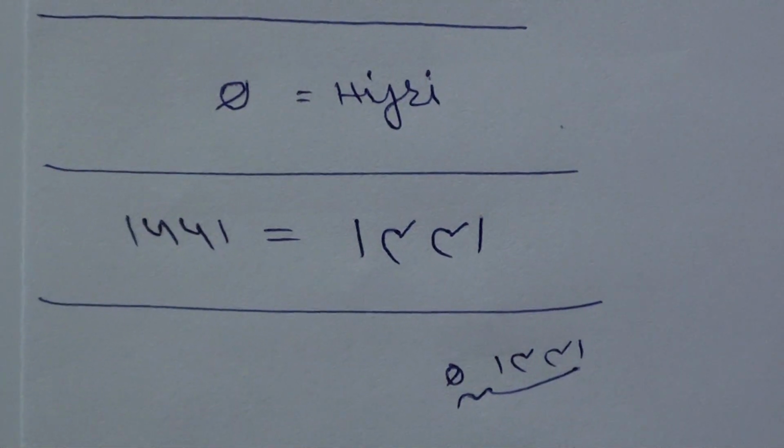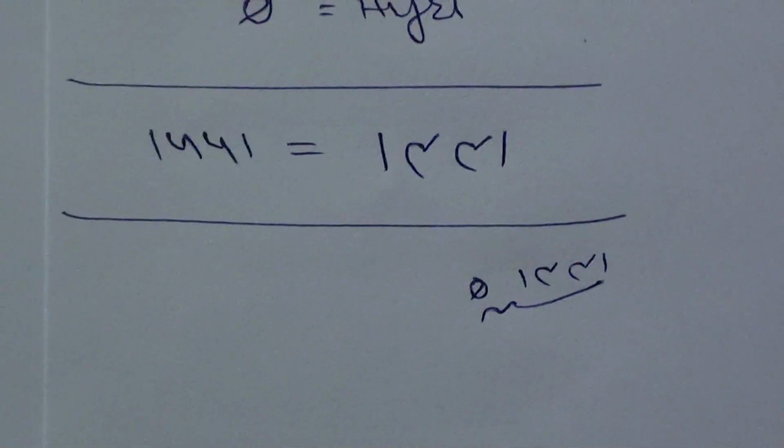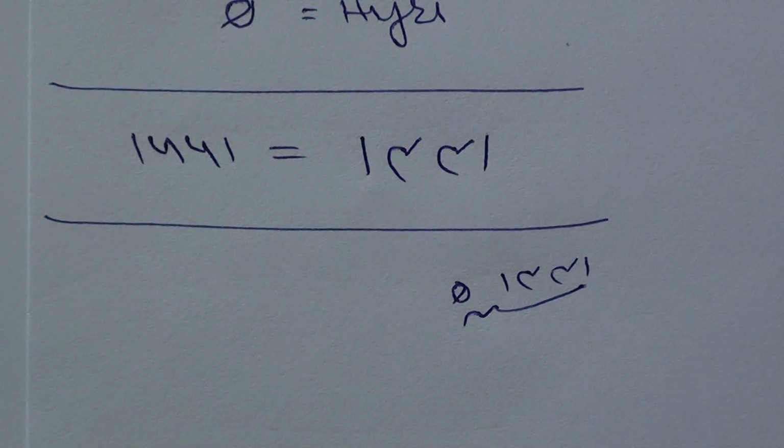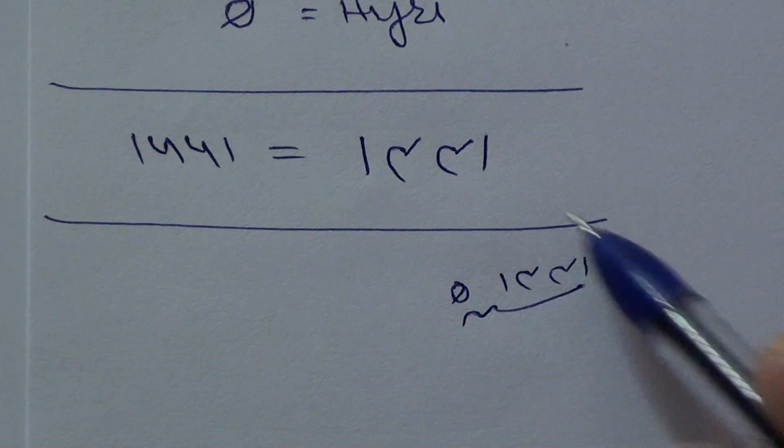So nowadays, according to Islamic lunar calendar, it is 1441 Hijri. So, can you read this? How will you read it?